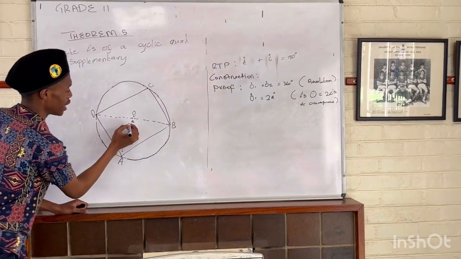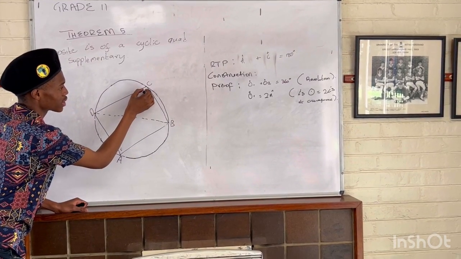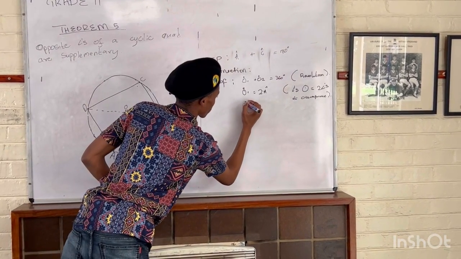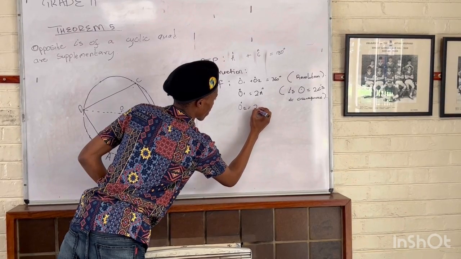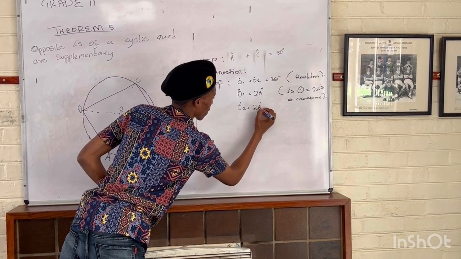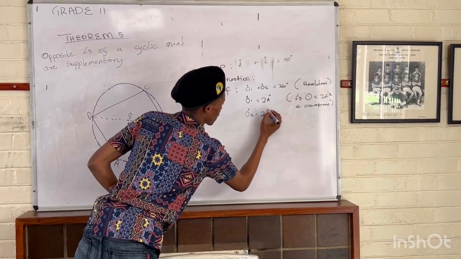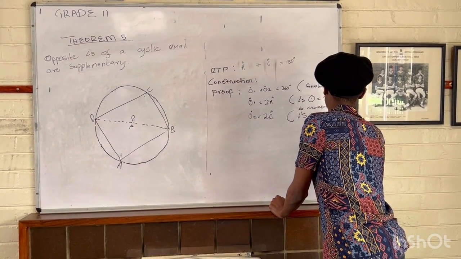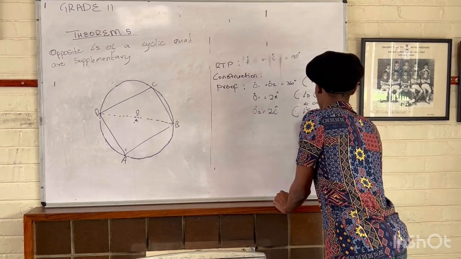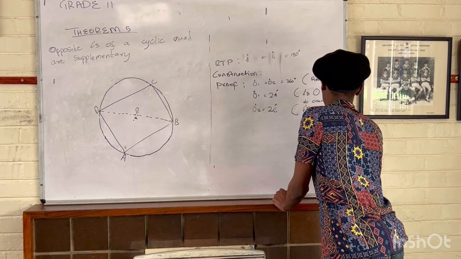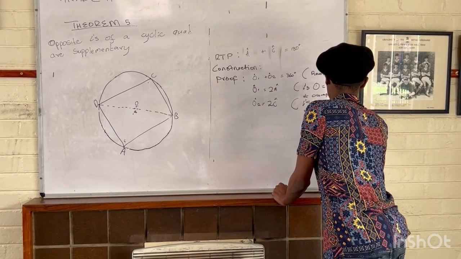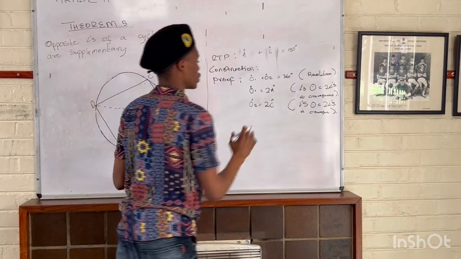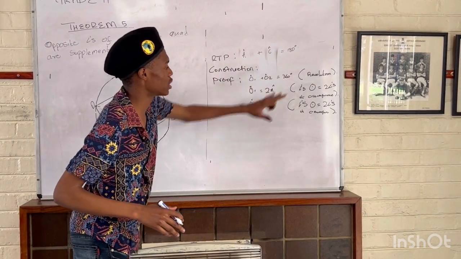Then we can again say that angle O2 is twice angle C, for the same reason: angle at the center is equal to twice angle at the circumference. Then when you have constructed and written these statements, you are done.